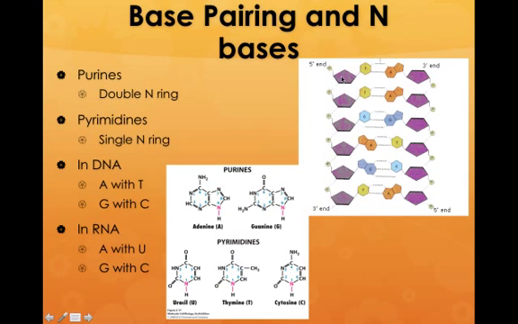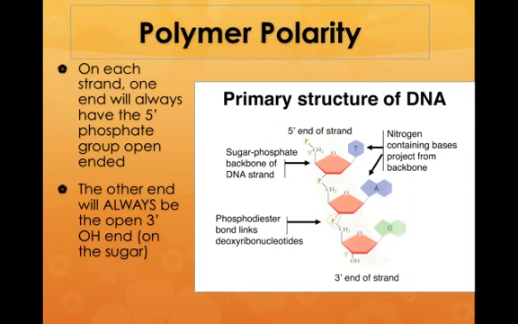No matter how many nucleotides you put on in this orientation, which is the only way the next nucleotide will fit, this will always be the 5' end, because every nucleotide you put after this will always have its phosphate sticking out, and this will always be the 3' end. We call it polarity of the DNA molecule, because polar means different ends. It doesn't have to mean positive or negative, like the water molecule.